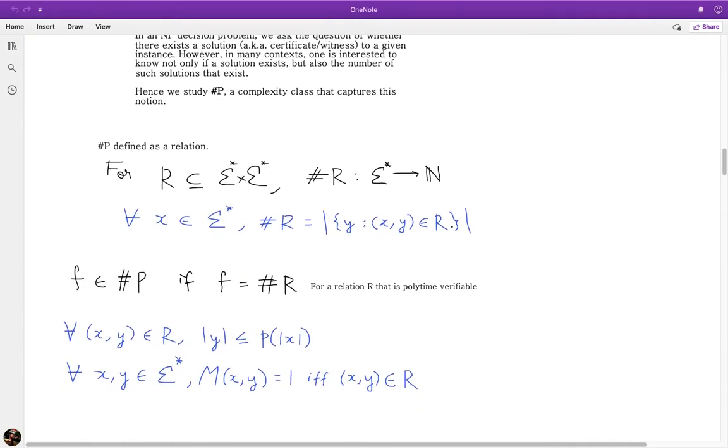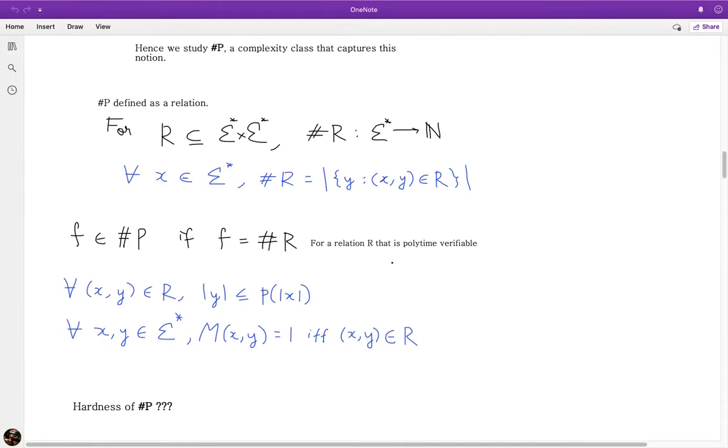We have to make sure that the relation R, which represents the function problem, is polytime verifiable, meaning all the accepting paths for such function problems must be polynomial in size.